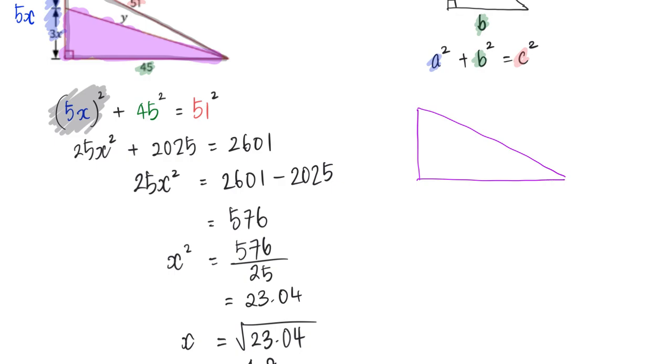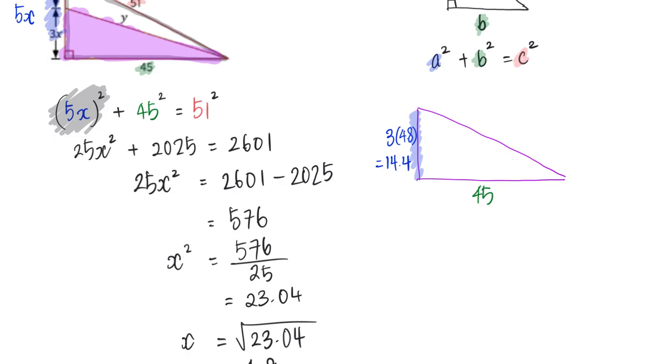And my 3x, 3 times 4.8. So this part here will be my 3x, which is 3 times 4.8. This will give me 14.4 as the side here. I still have my 45 here.